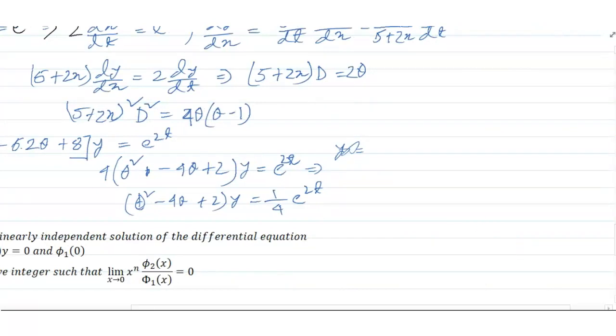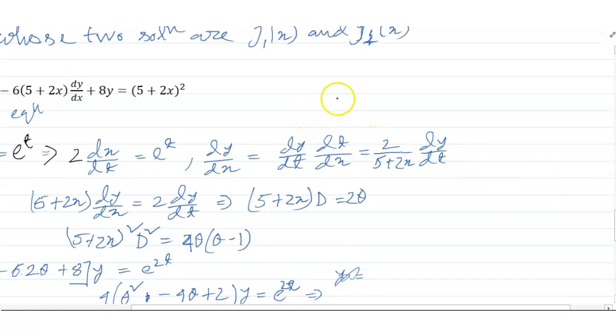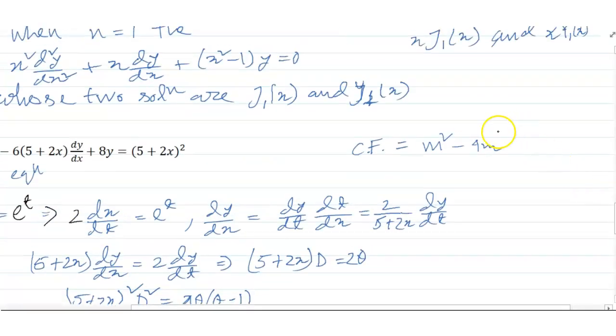Let's go to solve CF and PI. So CF is by the Cauchy-Euler theorem, very simple. CF is m square minus 4m plus 2 is equal to 0.